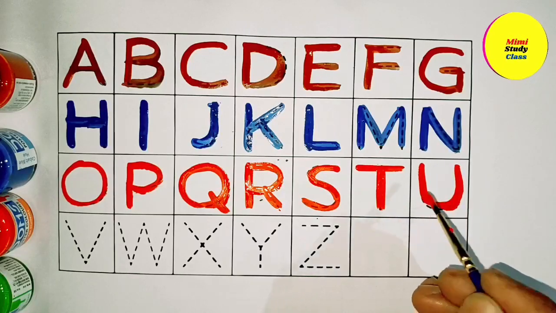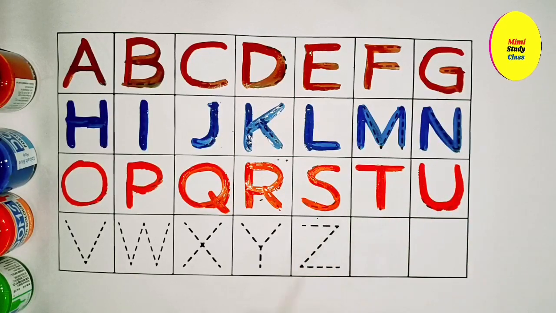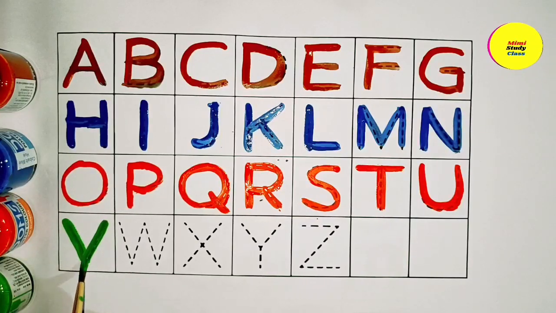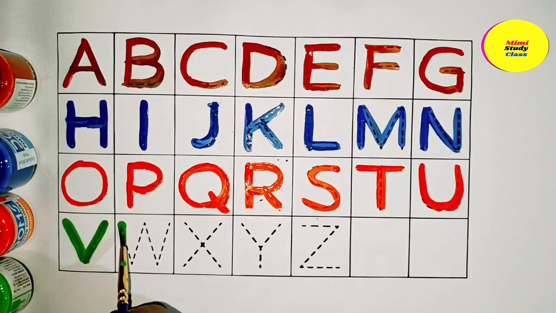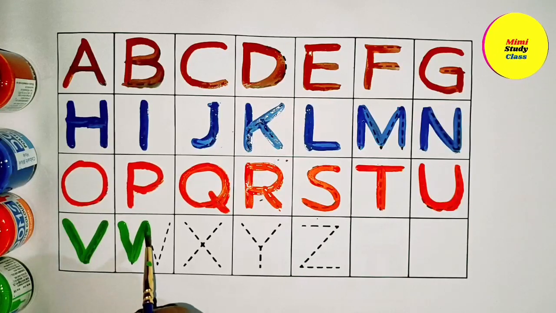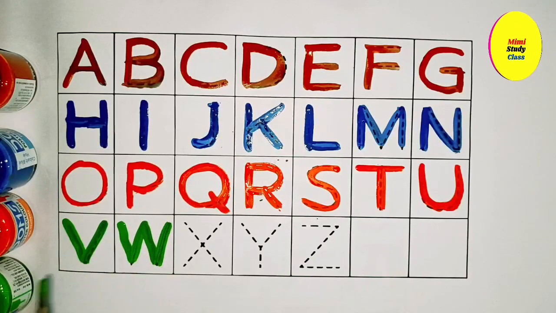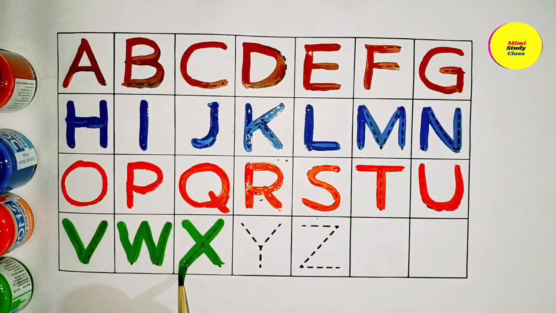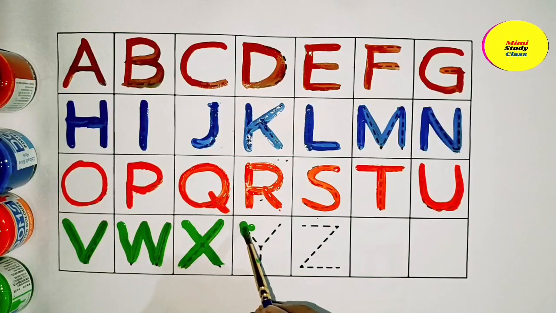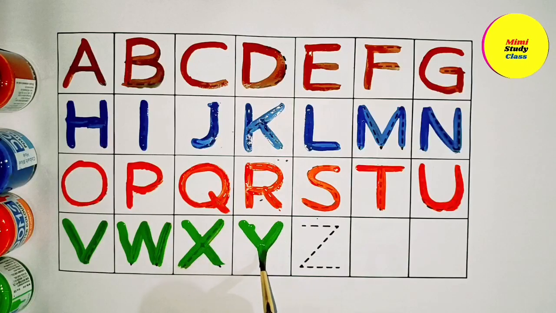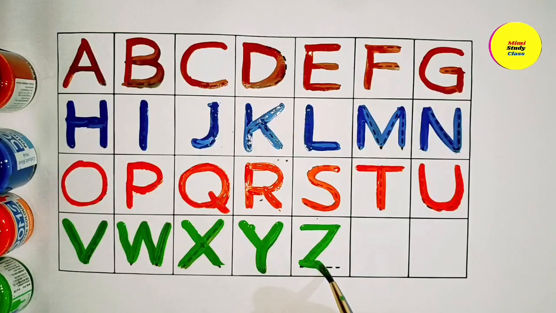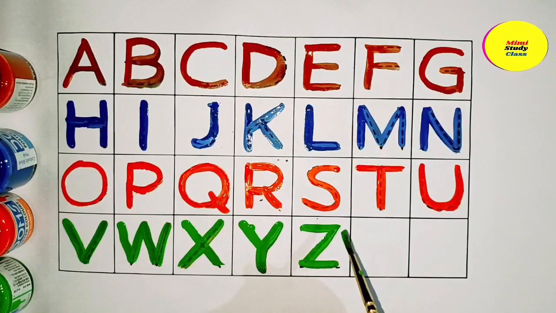U for umbrella. Green color. V for violin. W for watch. X for x-ray. Y for yak. Z for zebra.